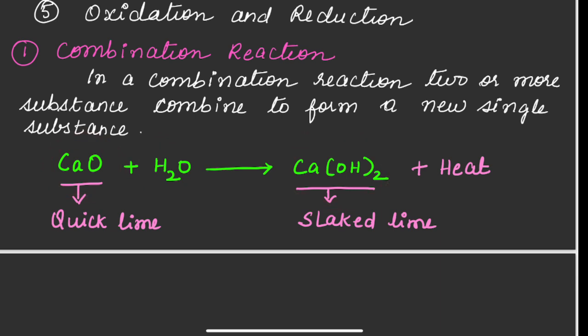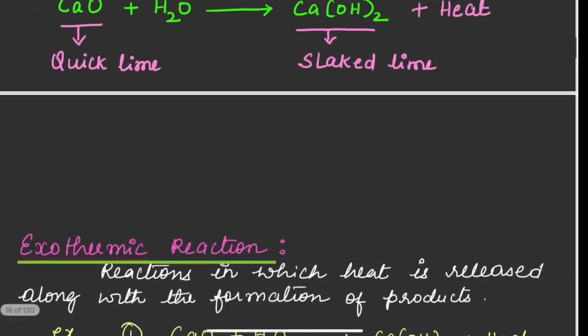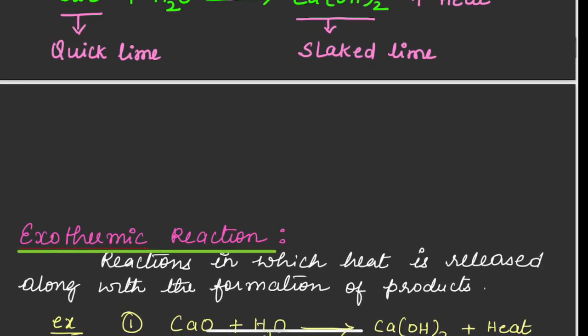Now, in the examination, a question can be asked like this. When carbon dioxide reacts with slaked lime, what is the product obtained? Very important reaction we are going to write now. That is calcium hydroxide. Usually this calcium hydroxide is used for whitewash of the wall.